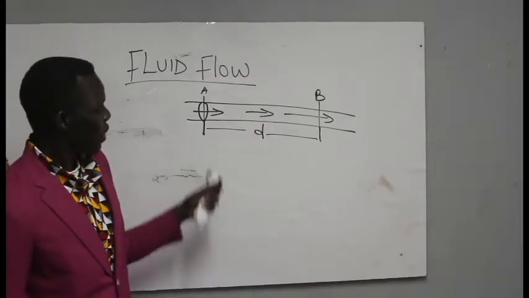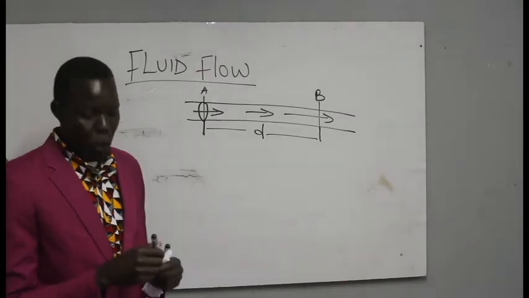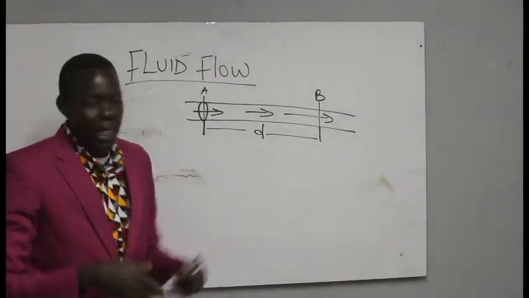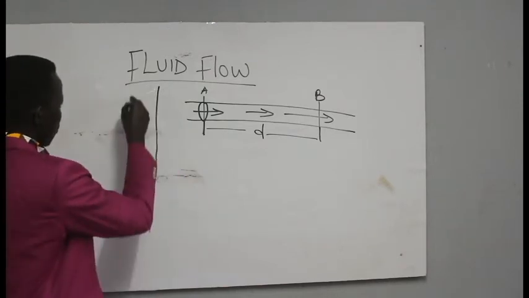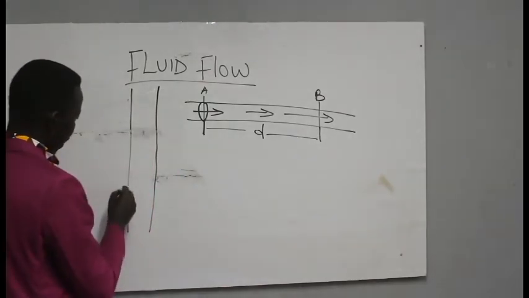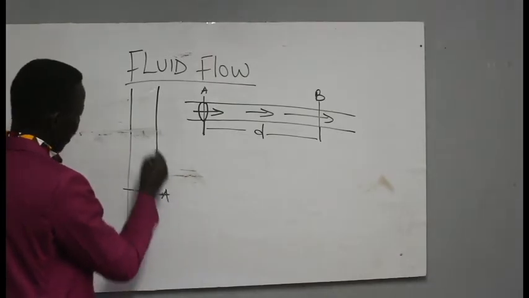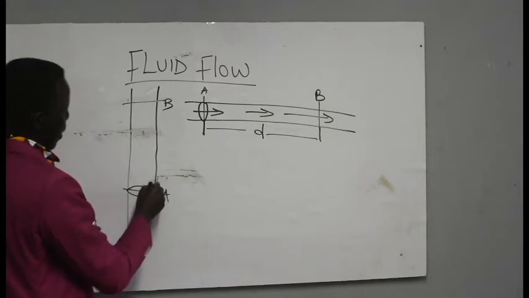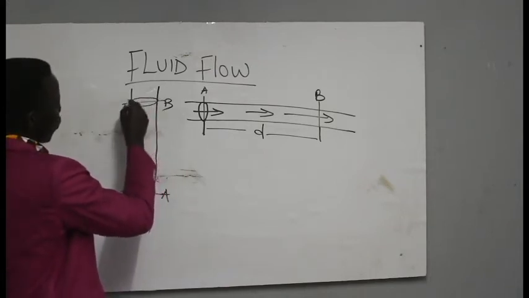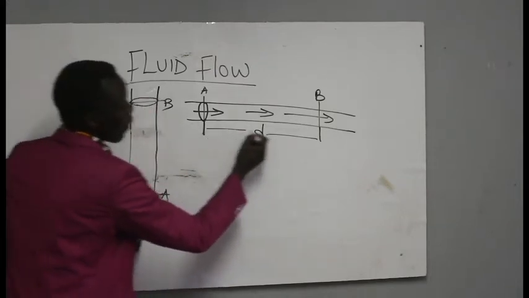Now, because it's in the form of a cylinder, you people are used to cylinders being placed upright this way. I will consider you. Let's say here is A, this part is B. So we can get the cross-section area here. Then this one is D because it is traveling in that manner.